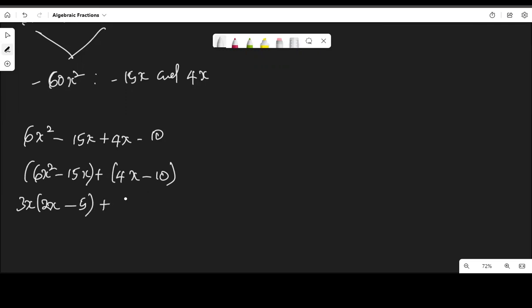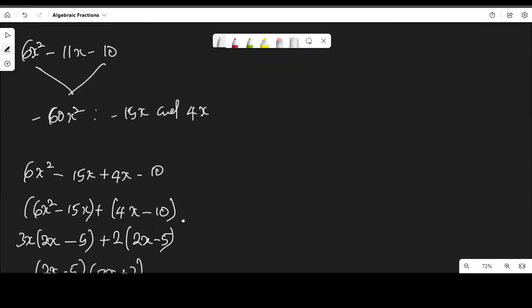Plus, in this second bracket, 2 is common. 4s divided by 2 is 2s, and 10 divided by 2 is 5. So I have a common factor 2s minus 5 as my common factor, then I group this and this together. 3s plus 2.